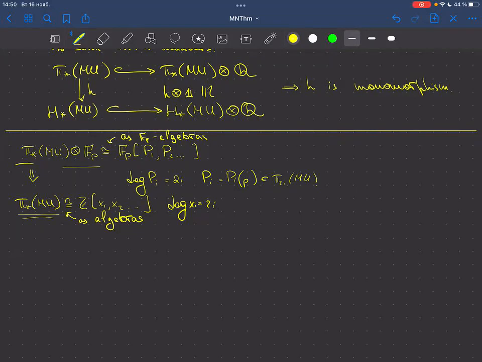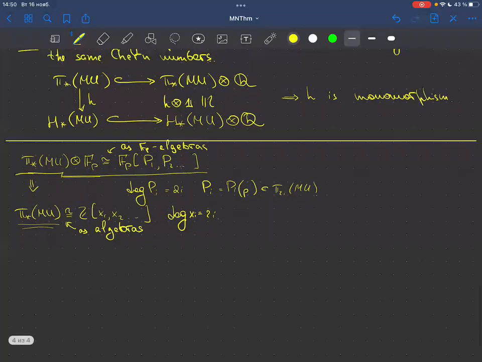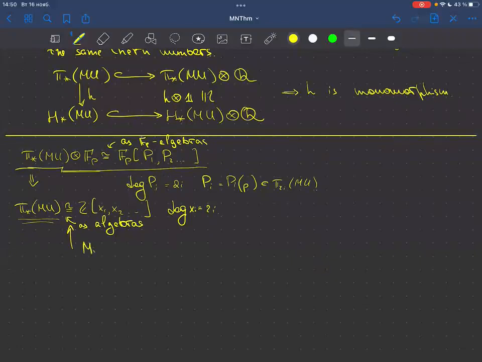Then you can map your free graded algebra to the indecomposables and obtain an isomorphism. So this is the last thing we have to do to prove the Milnor-Novikov theorem.